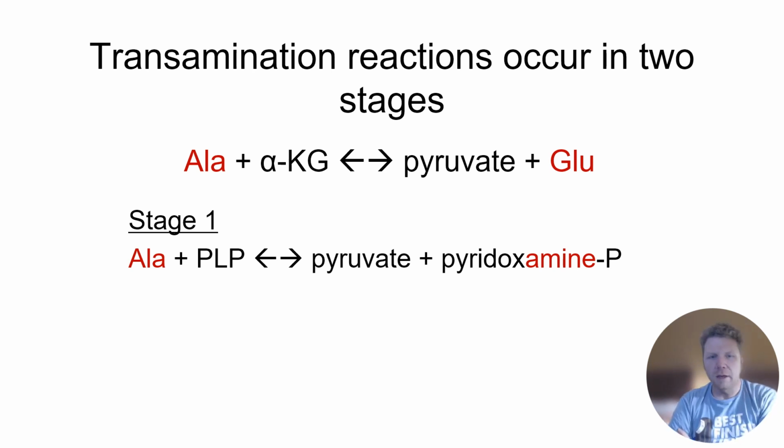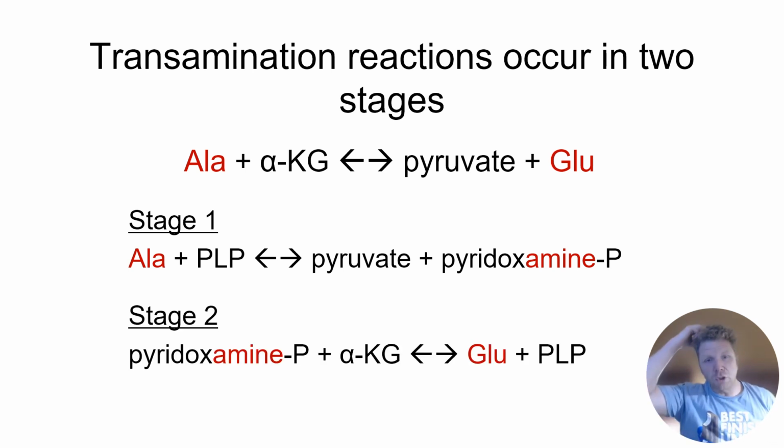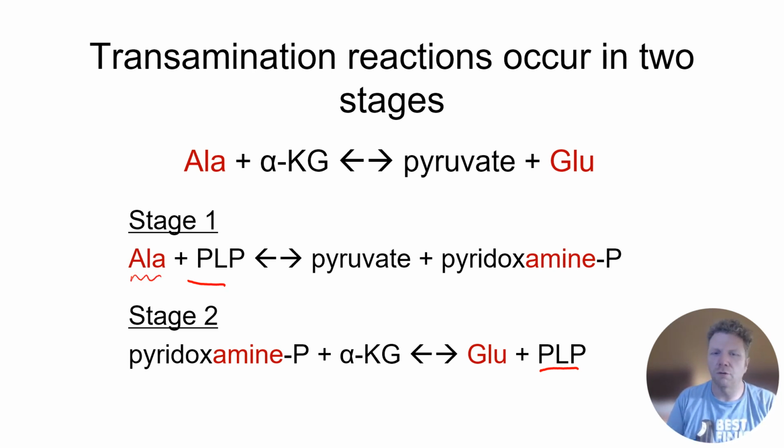In step 1, we make pyruvate and pyridoxamine phosphate. In stage 2, this pyridoxamine phosphate and alpha-ketoglutarate react to make glutamate and PLP. So that PLP is our input and our output. We have alanine, which is the source of our nitrogen, and glutamate, which is the product of our transamination reaction.